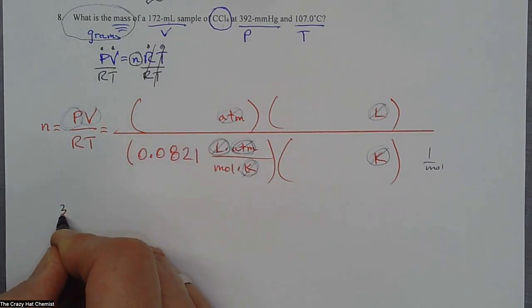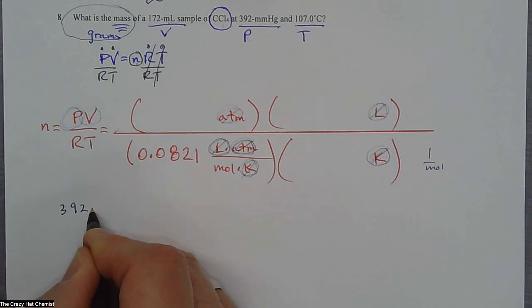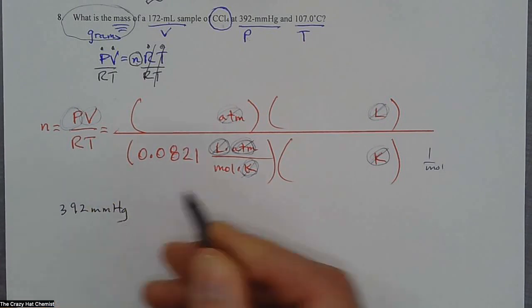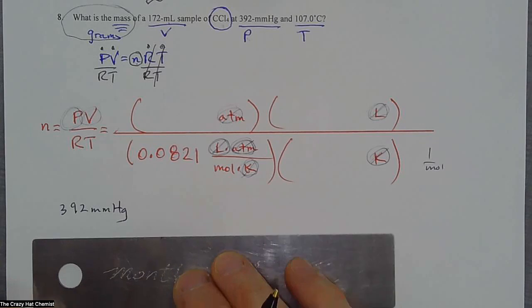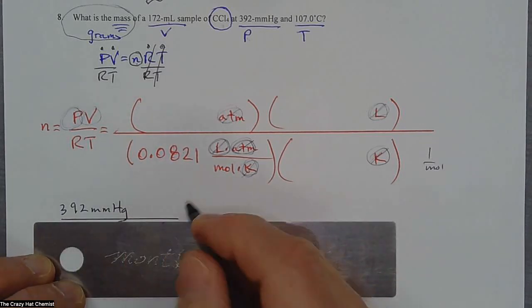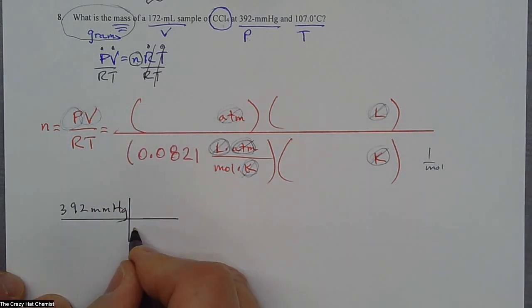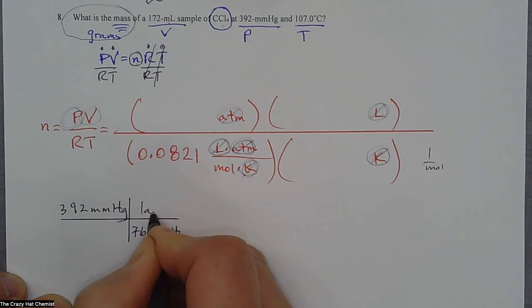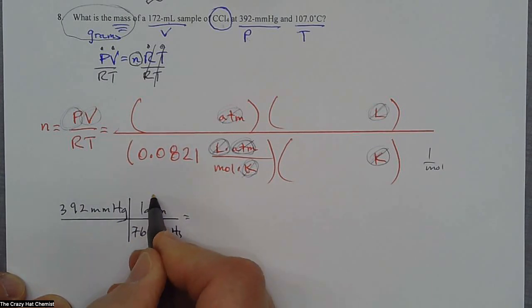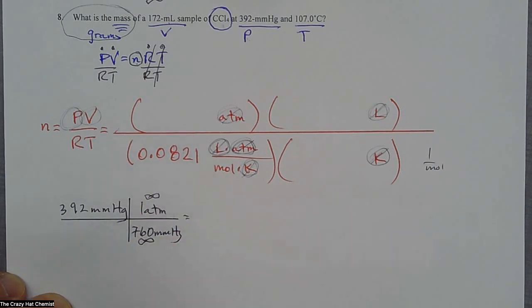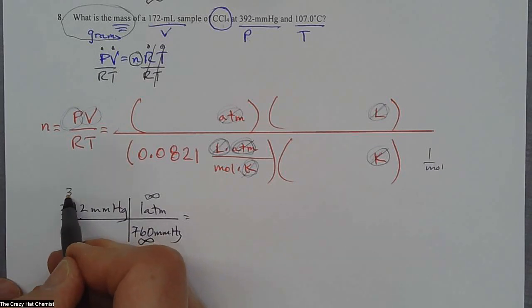We have 392 millimeters of mercury. So I'm going to convert this into atmospheres. 760 millimeters of mercury and 1 atm. And these are an infinite number of significant figures, and 392 has 3 significant figures.